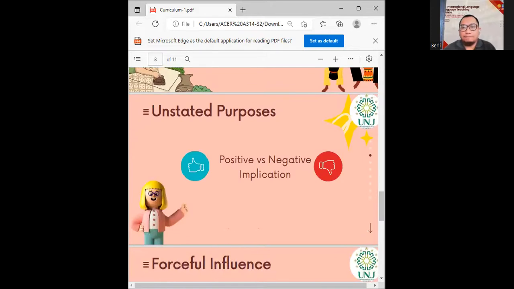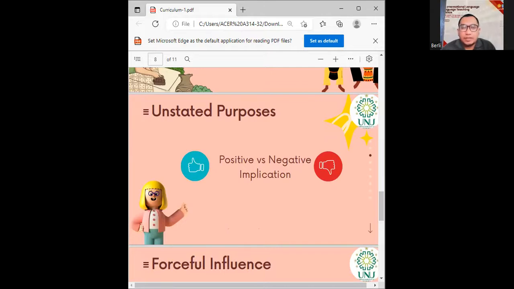Okay, unstated purpose. On this occasion, I would like to explain how these curriculums can have positive and negative implications. For the negative implications, in Indonesia, we are not really inclusive.